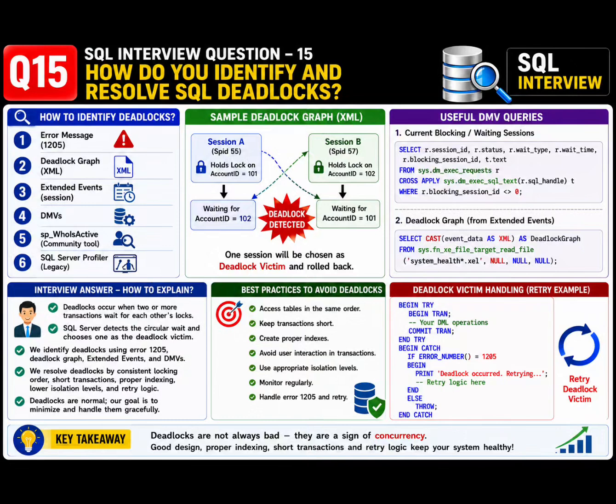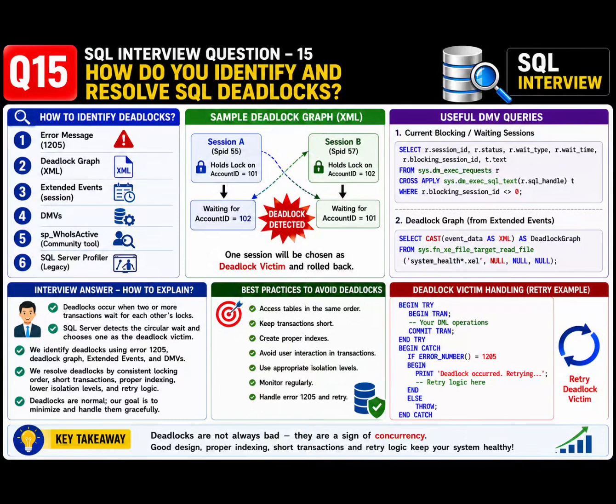Then, as usual, the interview tip is whenever you hear the word deadlock, remember these keywords. The first one is circular wait, locking, deadlock victim, error 1205, deadlock graph, extended events and DMVs, and retry logic.